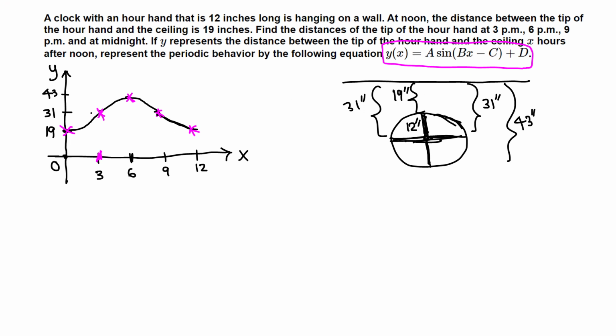So amplitude. Here the minimum is 19 and the maximum is 43. This is the midline, by the way. So it goes up 12, down 12. So A, the amplitude, is 12 inches. And this midline height is the vertical shift, that's D, which is 31.